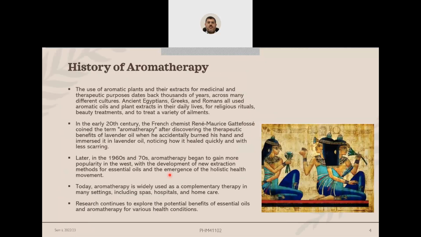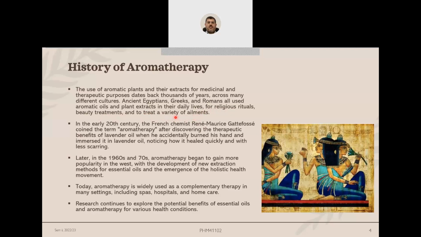Aromatherapy is very old, well known since thousands of years ago. Aromatic plants and their extracts for medicinal and therapeutic purposes have been used a long time ago, since the time of ancient Egyptians, Greeks, and Romans. All of these old civilizations used aromatic oils and plant extracts in their daily lives, either for religious rituals, for beauty treatments, and even to treat a variety of ailments, meaning a variety of diseases, right?